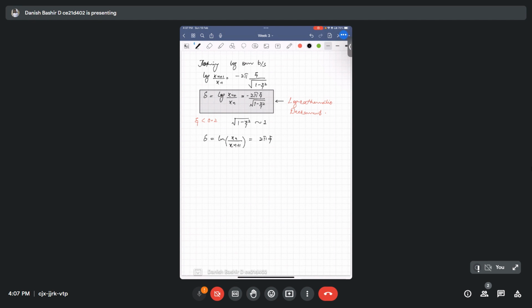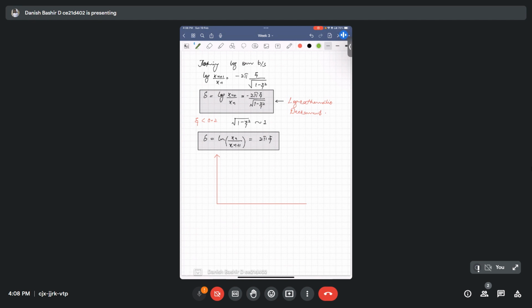So delta is like this. We can also sketch the graph between delta and theta. I will give you the reason why below theta value of 0.2 we took root of 1 minus theta square approximately equal to 1.